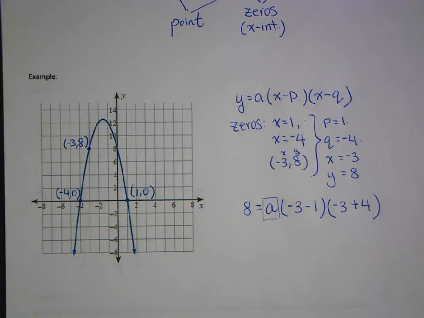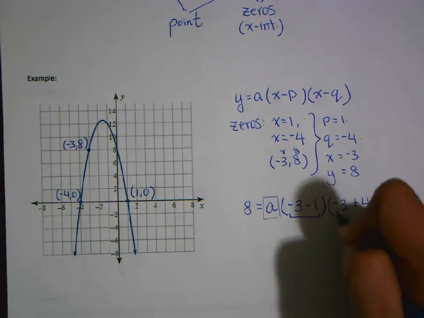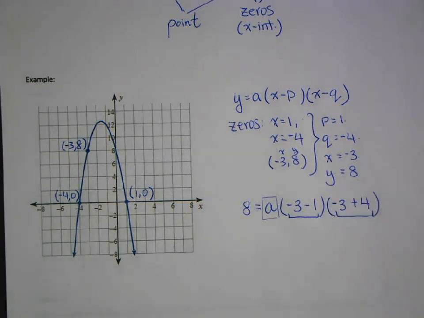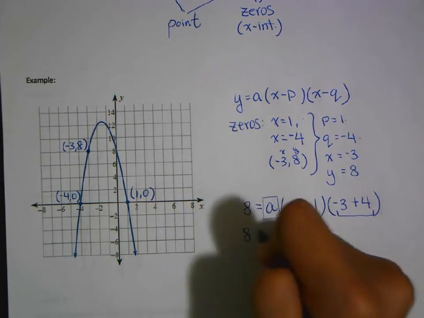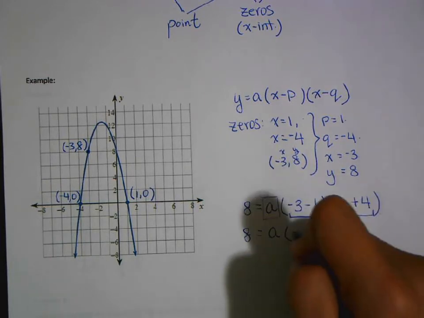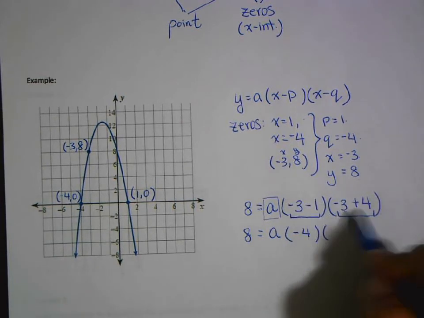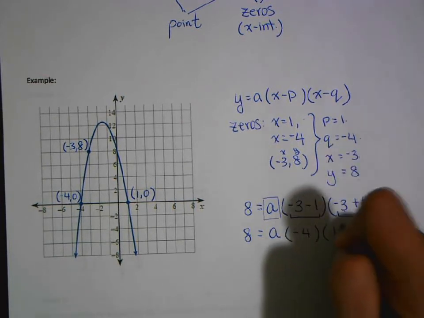To solve for a, I need to simplify and combine all the like terms that I can, the numbers in each of the parentheses. So that leaves me with 8 equals a times (-3 minus 1, which is -4) times (-3 plus 4, which is +1).